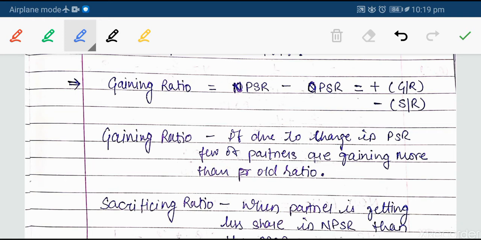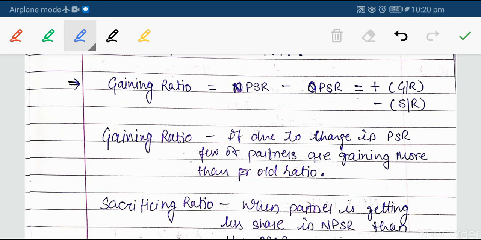If the result of new minus old comes out positive, then that is your gaining partner. We have to calculate for every partner, and if the result is negative, that means it is your sacrificing partner.